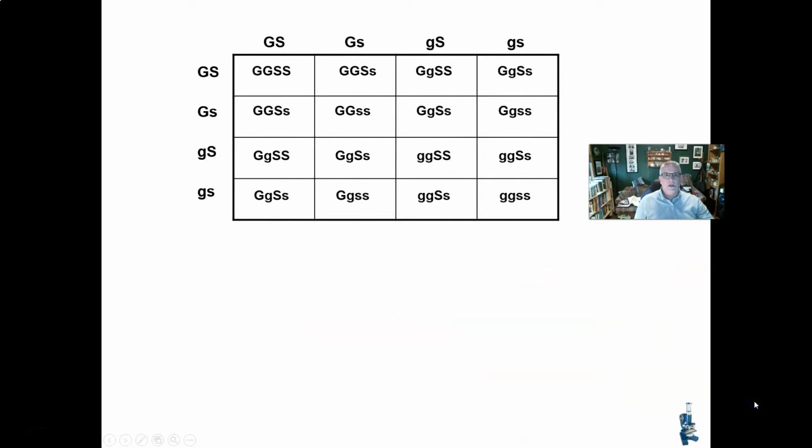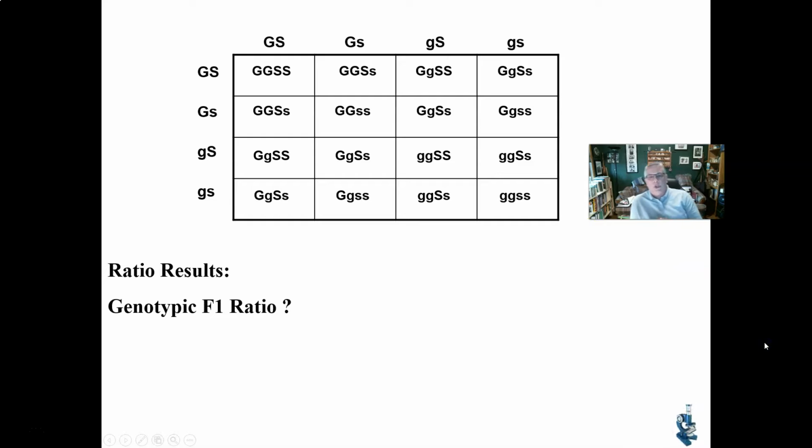All right, so here's our answers. Now, we have some ratio results here. When you do a ratio, you go upper left to bottom right. So, what would be the genotypic ratio of this cross? Well, how many big G, big S's are there?